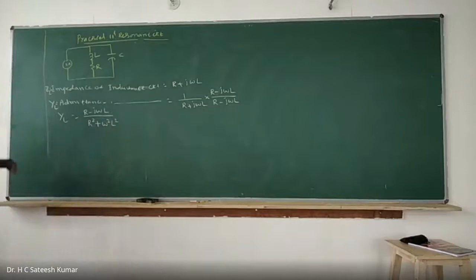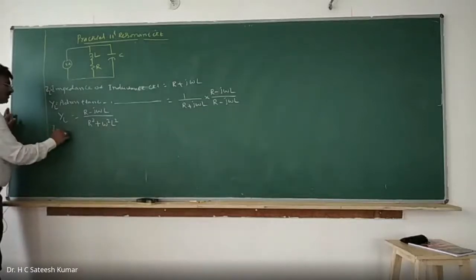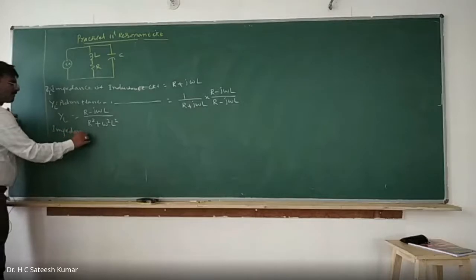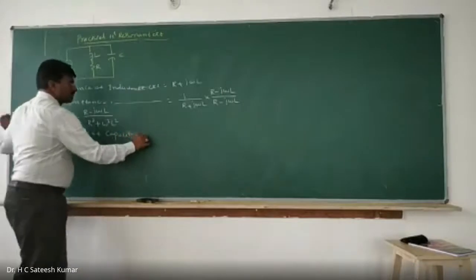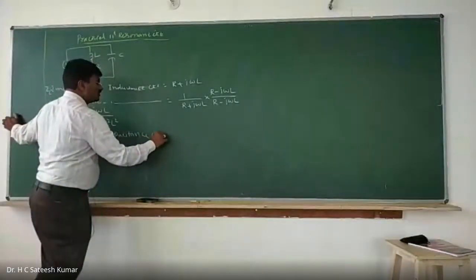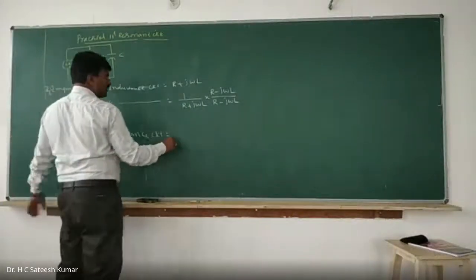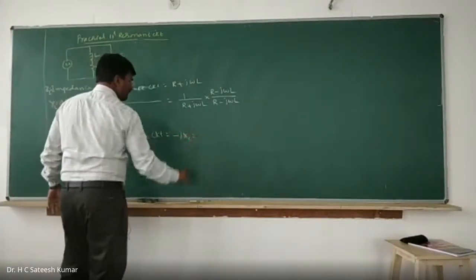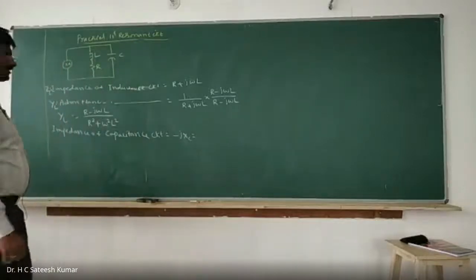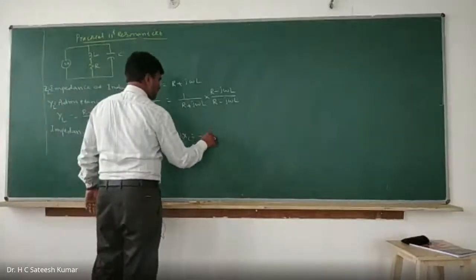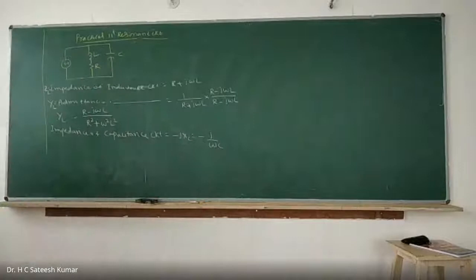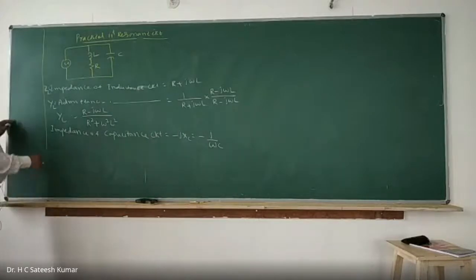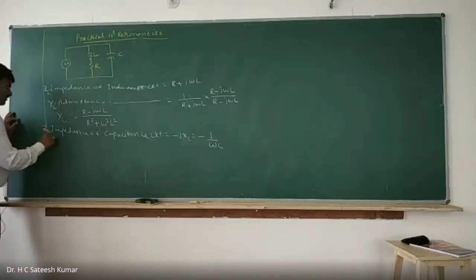Now, the impedance of the capacitance circuit is minus jXC, which is nothing but minus j divided by omega C. We call it ZC.